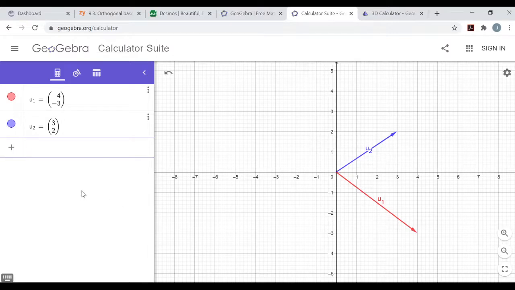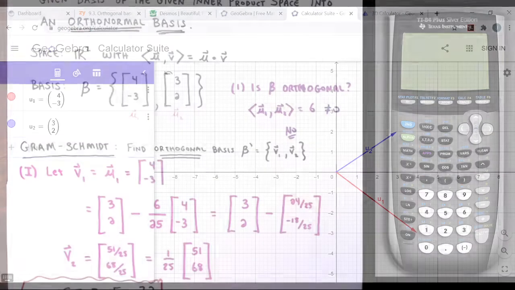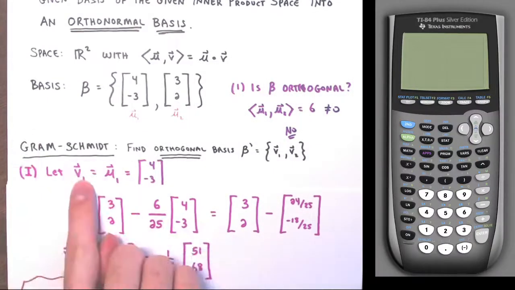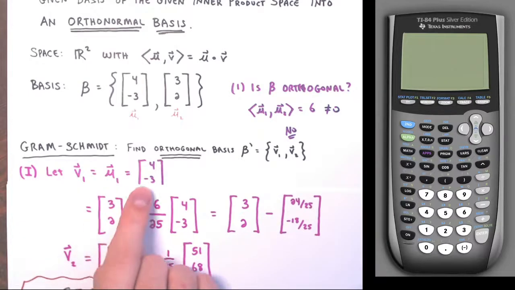So remember, to make the orthogonal basis, I kept U1. I called U1 V1, and then V2 was U2 minus the projection of U2 onto V1, which I have back here, right? So again, I let V1 be U1, 4, -3, so I'll keep that.